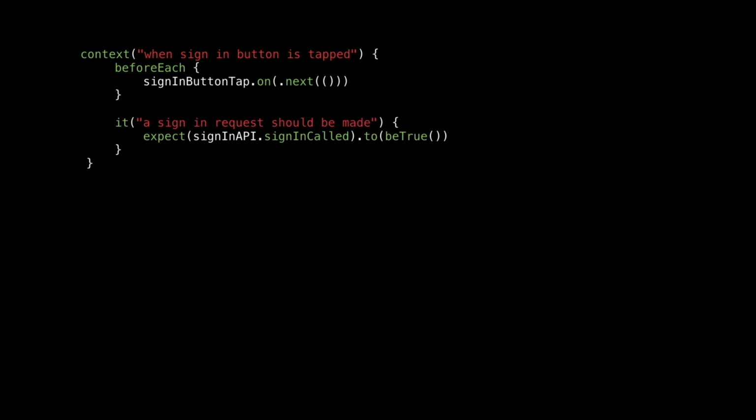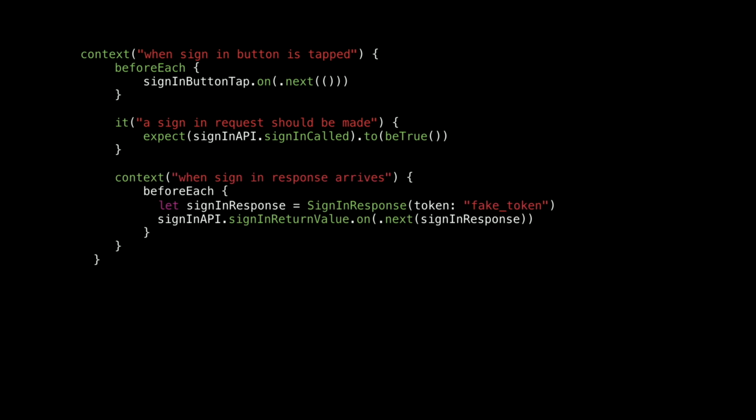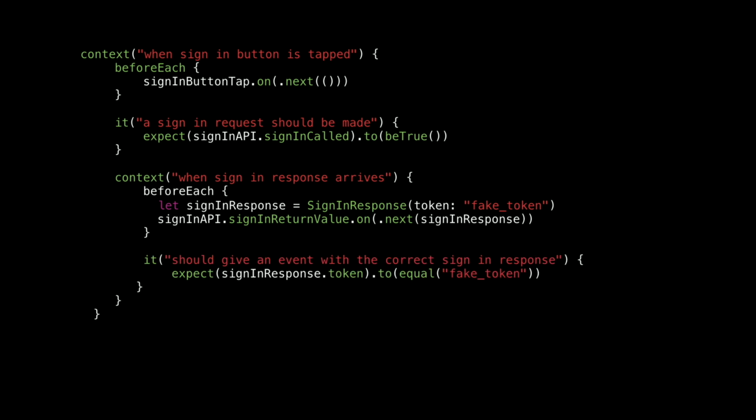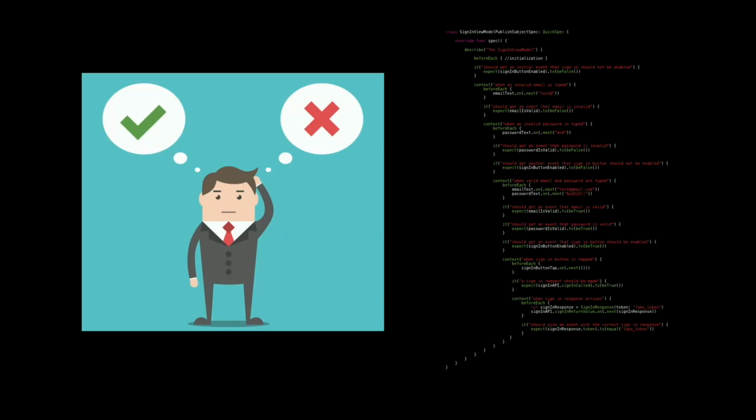And we expect that the sign-in method is called. And we give a next event with a fake sign-in response. And we expect to get an event with the token that we just gave. And we're done. This is how we manage to unit test our view model by using a public subject.